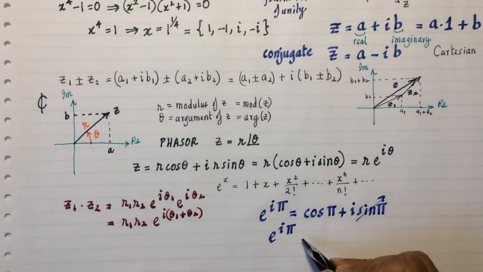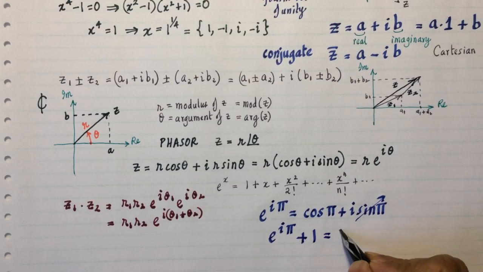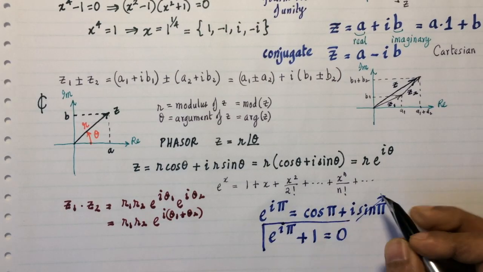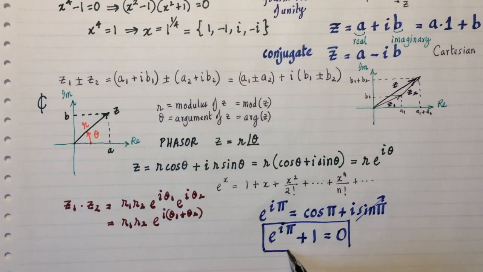I'll bring that to the left side: e to the I pi plus 1 equals 0. This equation is popularly referred to by many mathematics writers as the beauty because it combines very unlikely things: the square root of minus 1, the ratio of circumference to diameter of a circle, the exponential function, the number 1 and the number 0 in one beautiful equation.